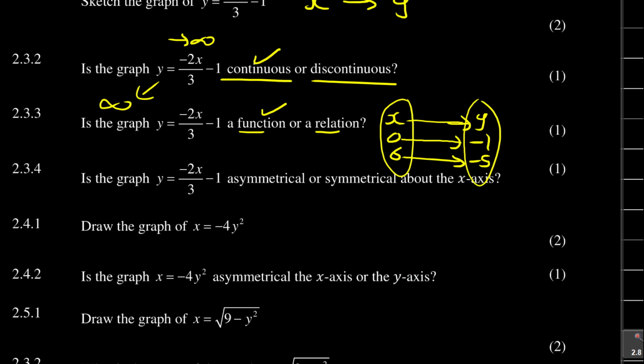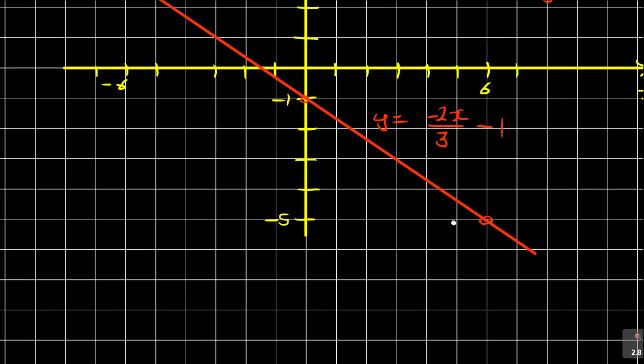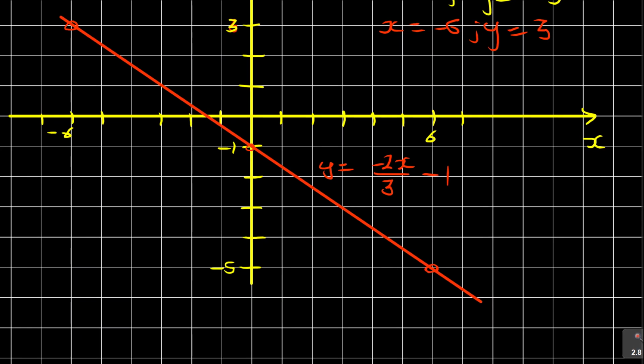Alright. 2.3.4: is the graph asymmetrical or symmetrical about the x-axis? So I come to this graph and I have a line of symmetry about the x-axis. Let me make it bigger. Say this is my line of symmetry, about the x-axis. If I reflect this graph, you will see that it will come out different.